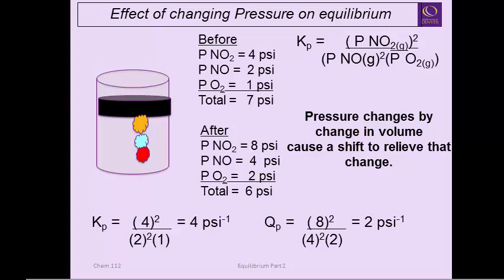So now when you do the recalculation, you can see what happened: I started off at 4 as the equilibrium pressure constant, but now once I change the volume, I now have a QP, which is half that.